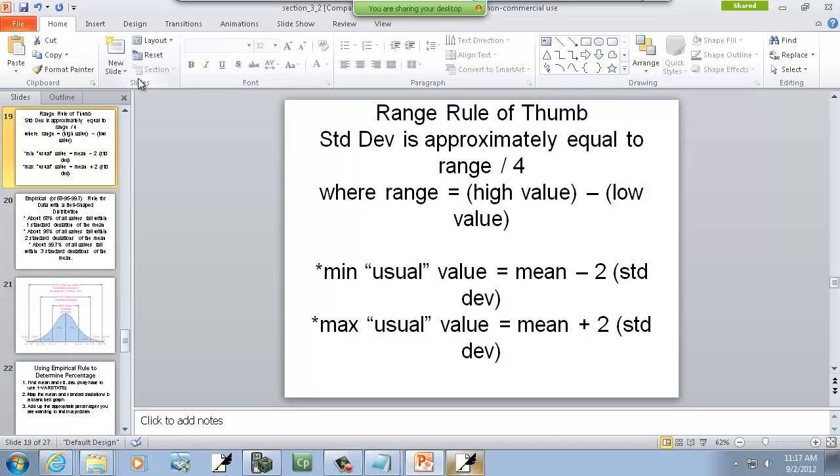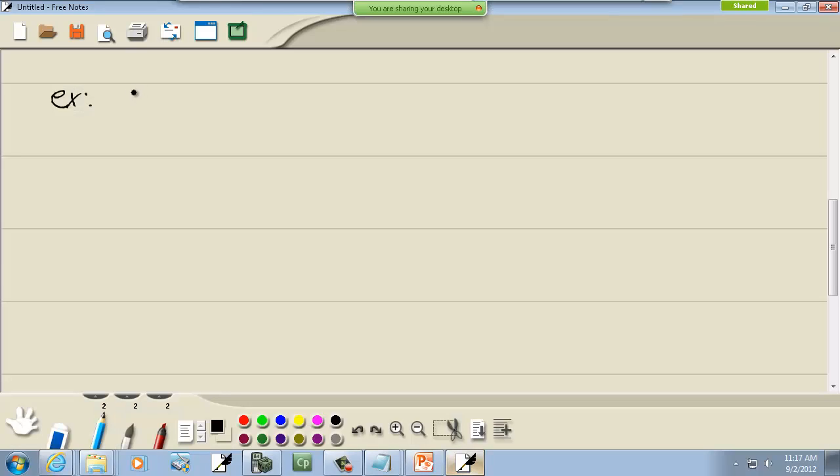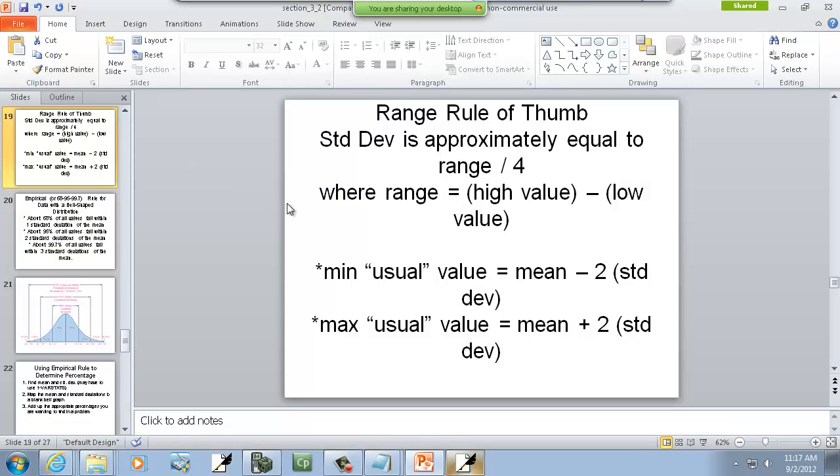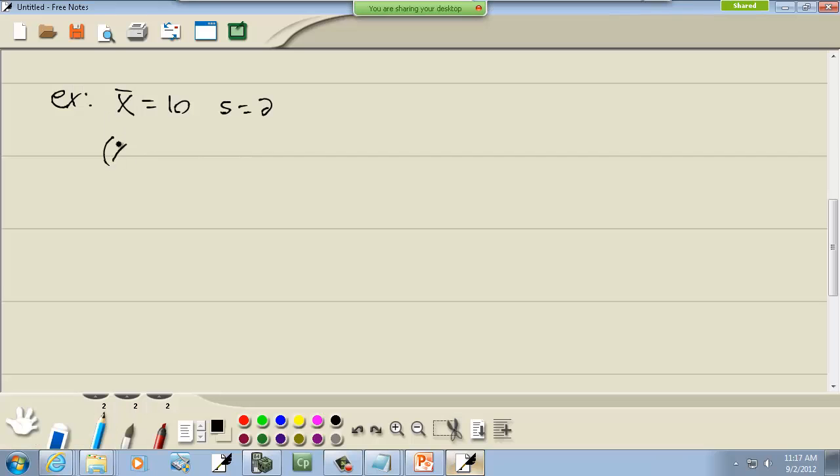If they give you the mean and the standard deviation, so let's say x bar is 10 and s is 2. Sample mean, sample standard deviation. And they ask you what are the usual values. Well, the usual values go from mean minus 2 standard deviations to mean plus 2 standard deviations.